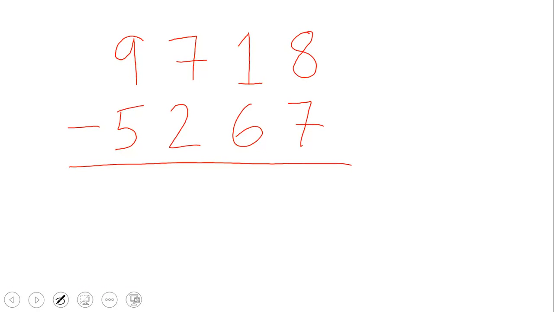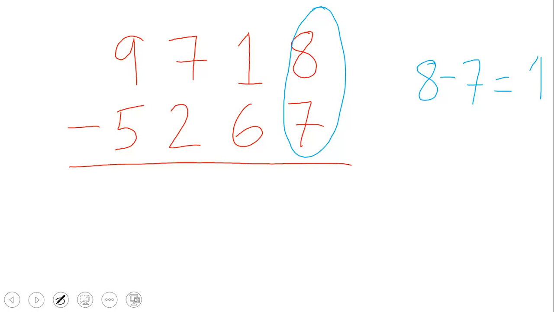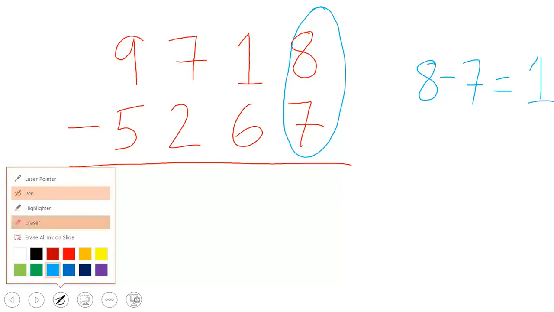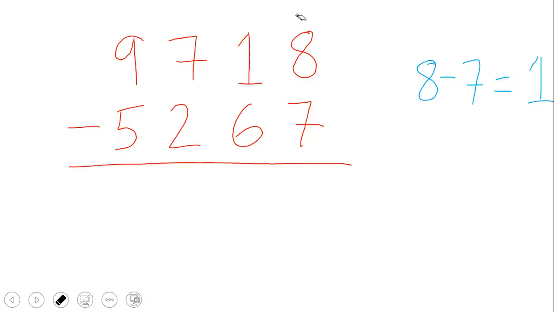Let us begin by subtracting these two digits. So we say 8 minus 7. What is 8 minus 7? Instructor, that is easy. 8 minus 7 is 1. Awesome.